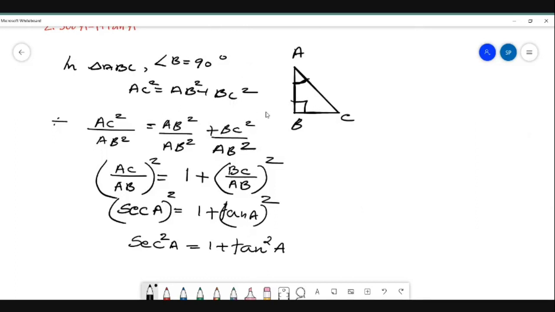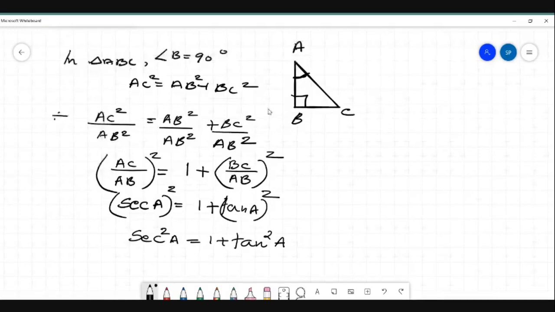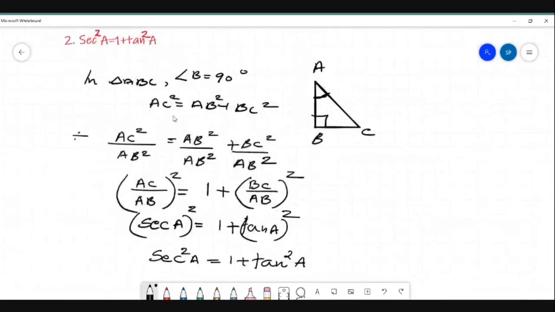So for getting the second identity, we divide throughout by AB square: AC square by AB square, AB square by AB square, BC square by AB square. AC is the hypotenuse. Hypotenuse divided by adjacent side is sec. So with respect to A, it is sec A equal to 1 plus BC by AB.